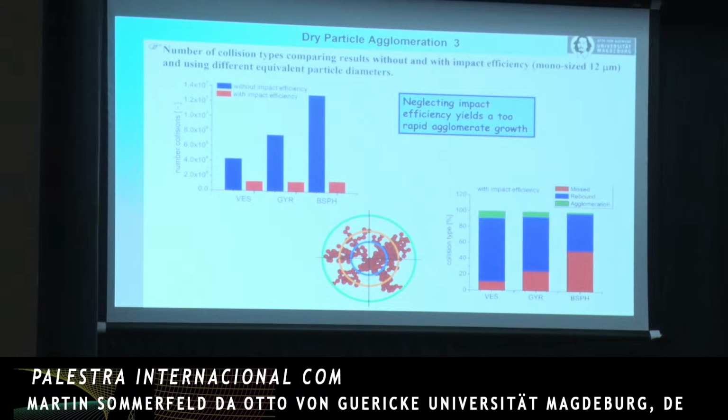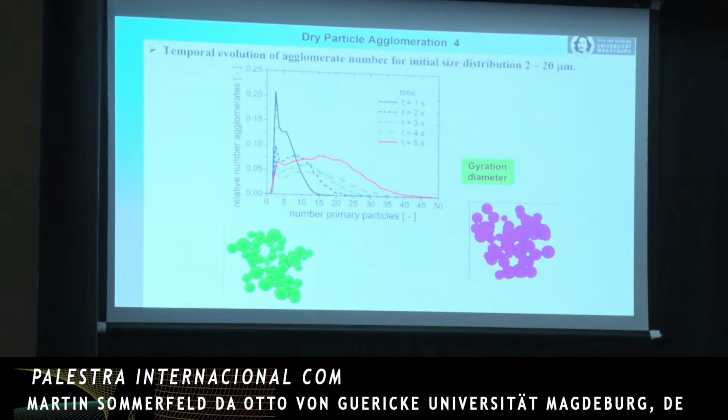Rebounds, no sticking, and only this portion is aggregation, which is slightly changing because the structure becomes more porous when you take a bigger diameter, like the gyration or bounding sphere diameter. You have more collisions missing the aggregate. So some results. These are again some aggregates. This is with size distribution and also this one.